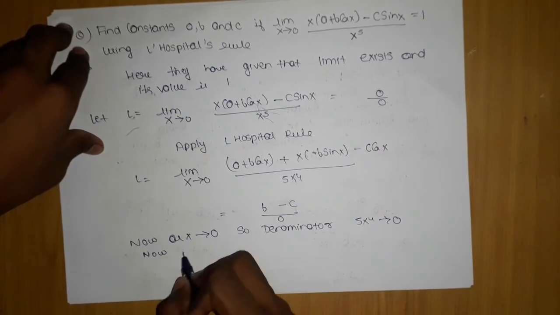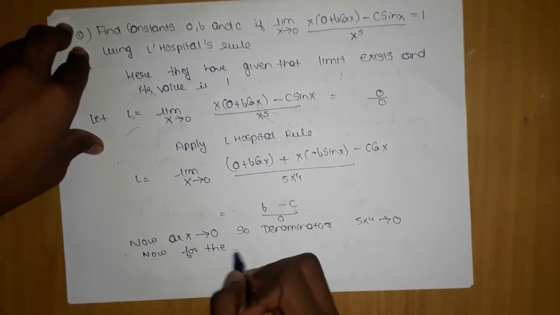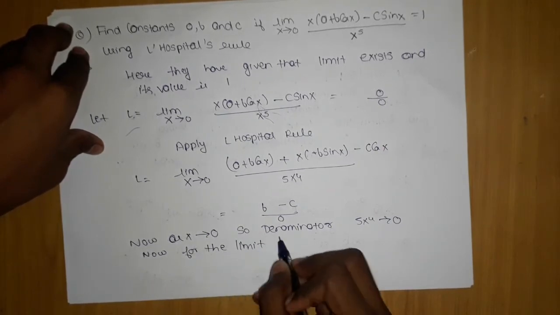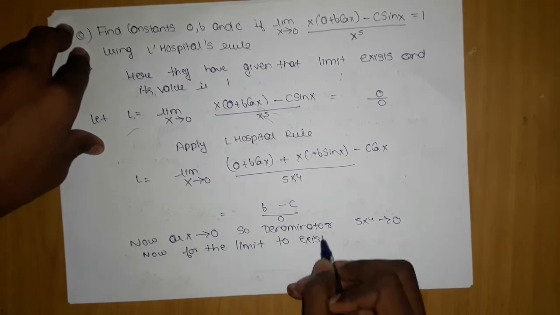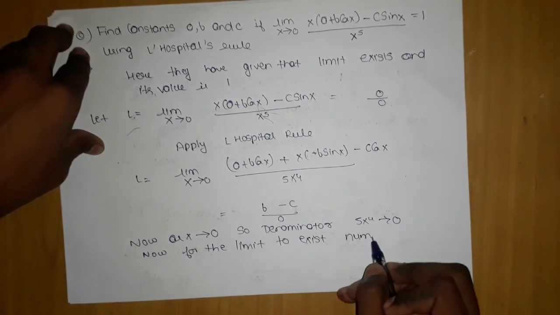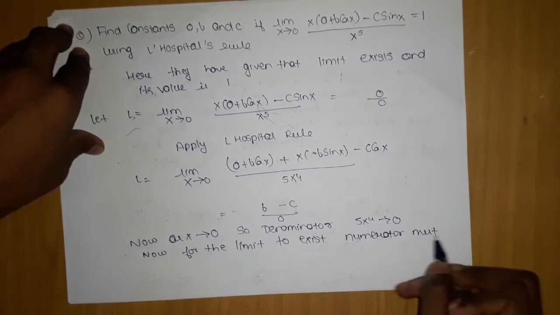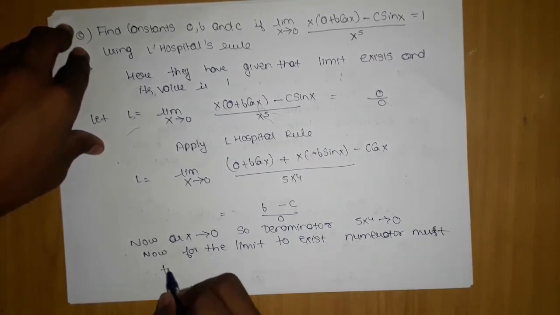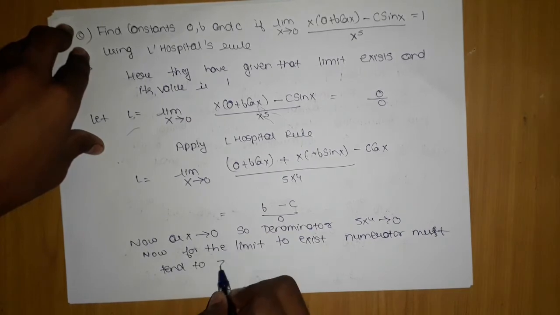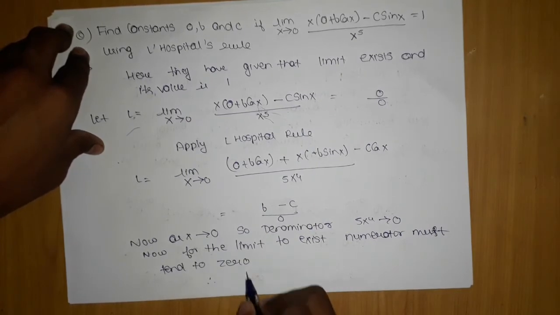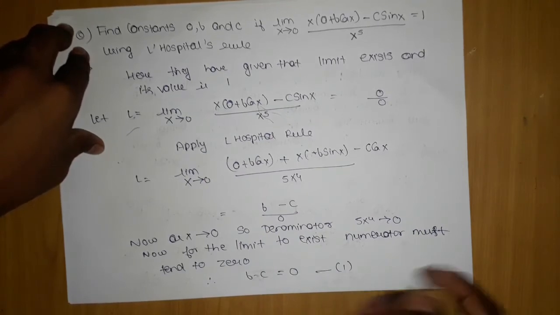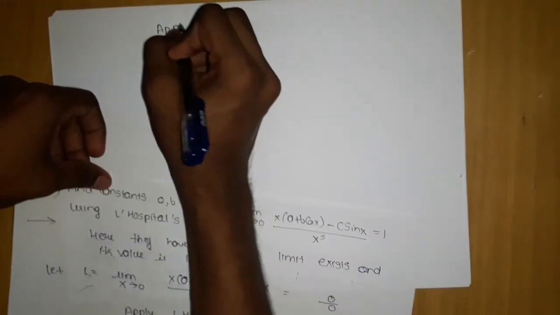Now for the limit to exist, the numerator must tend to 0. Therefore we have b minus c equals 0, which is my first equation. If it is equal to 0, then I can apply L'Hopital's rule.